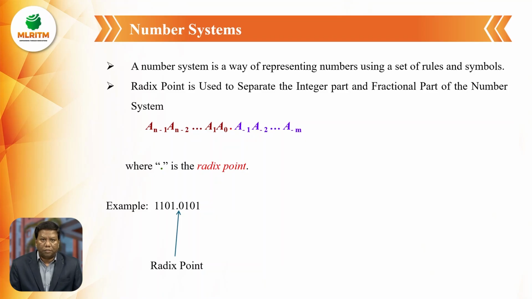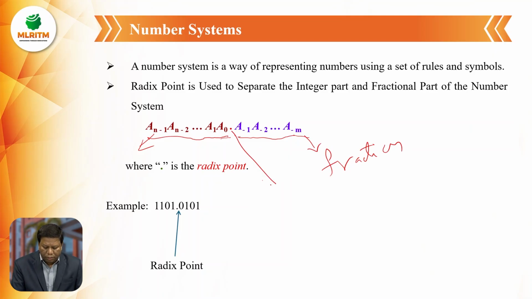A radix point is used to separate the integer part and the fractional part of a number. The expression for this radix system is a(n-1) a(n-2) and so on to a1 a0 . a(-1) a(-2) and so on to a(-m). Here n is the integer part, m is the fractional part, and the dot represents the radix point.